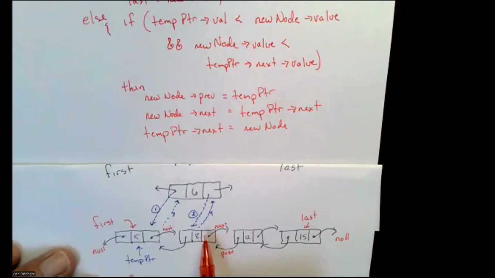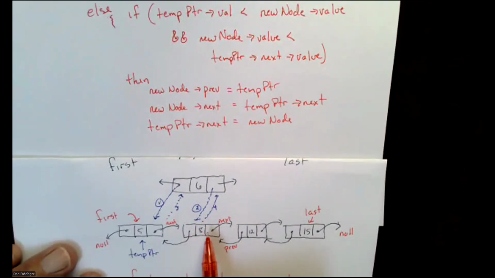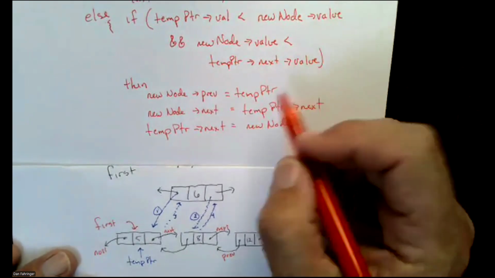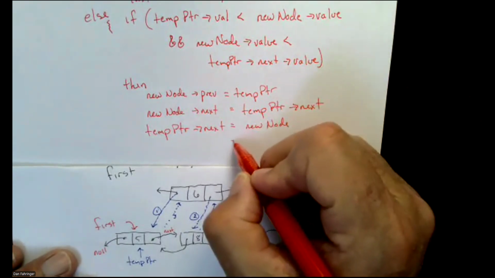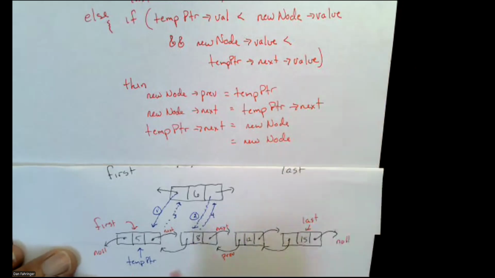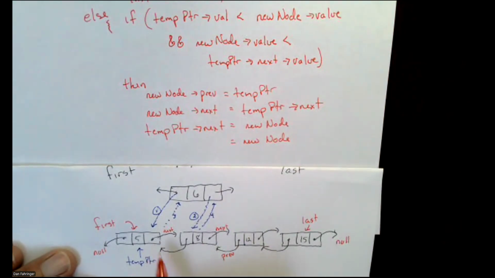And my fourth one was this guy now has to point to new node. Well, what do I mean by this guy? That's this guy right here, right? So it can point backwards. So something else is going to get the value of new node. Which was this right here.